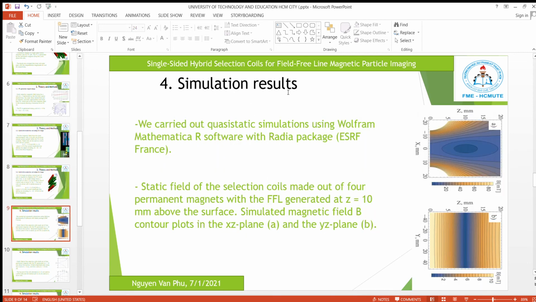For simulation and results, we carried out simulations using Radia, a software package from ESRF, France. For our principal simulation model, we chose 4 magnets of equal dimension.